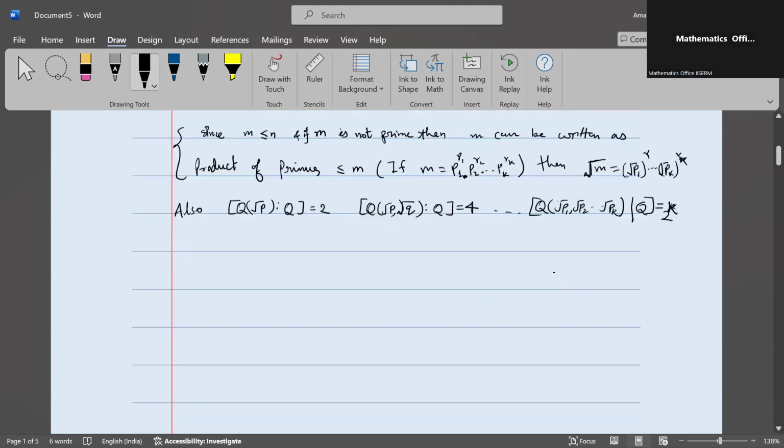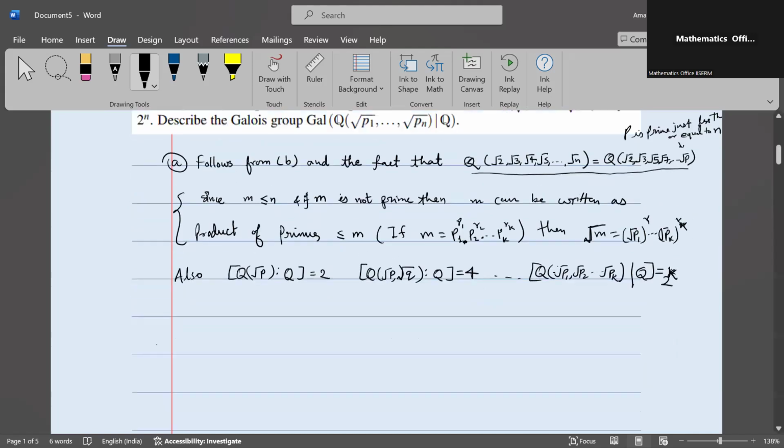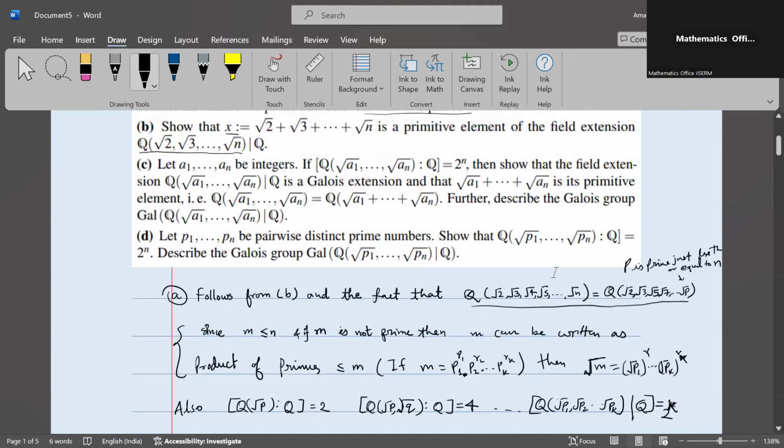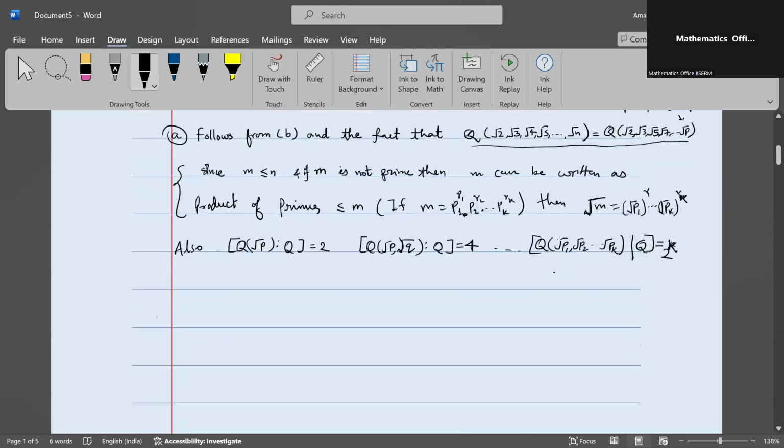Now we have to show part b. Now we are coming to part 2. I hope part 1 is clear, right? So what part b says, let me write that.